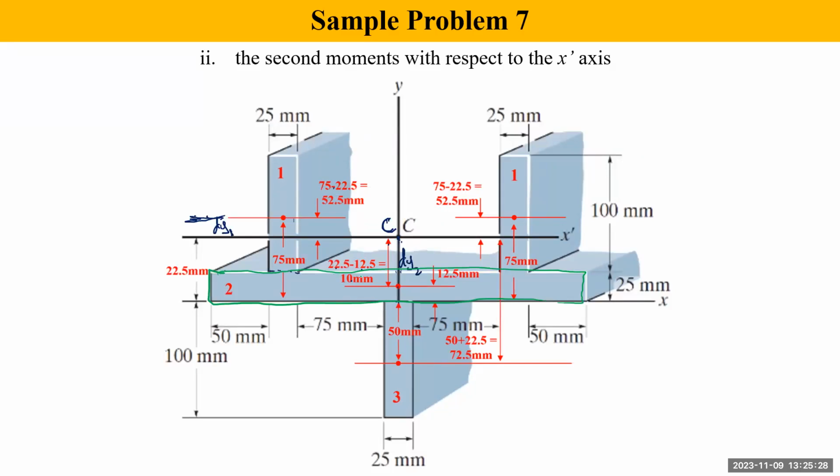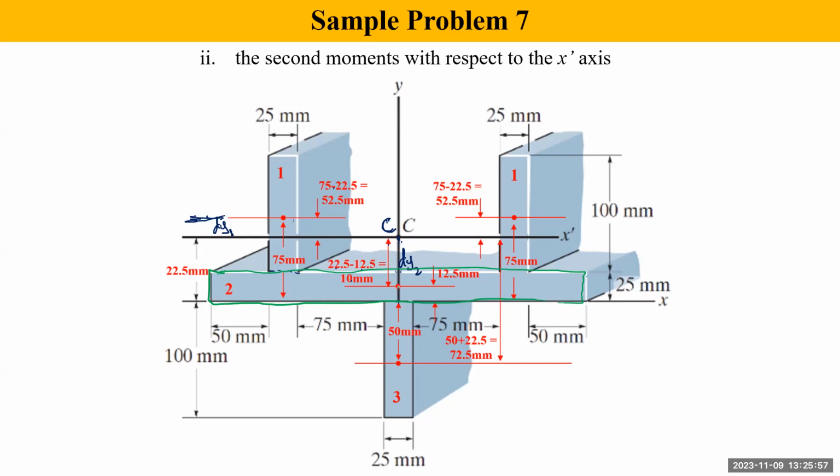Remember, the section you deal with, segment 2, has a thickness, or height, of 25. Half of 25 is 12.5. But the distance you want to find, remember your centroidal axis is up here now. So the distance you want is between the centroidal point and the center of your figure.